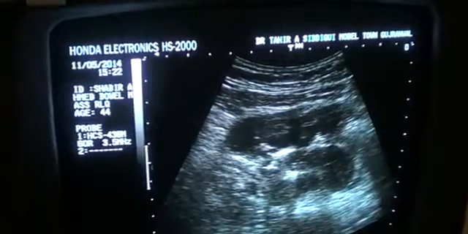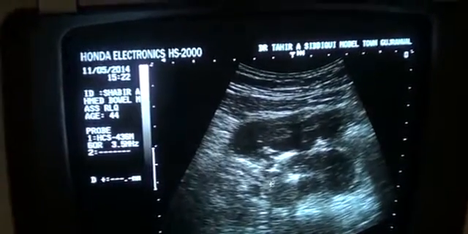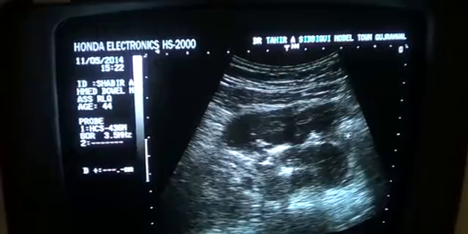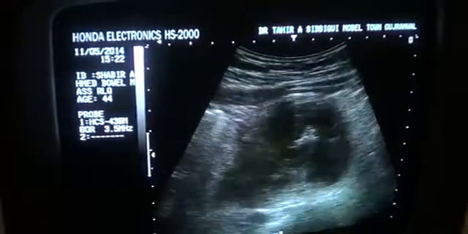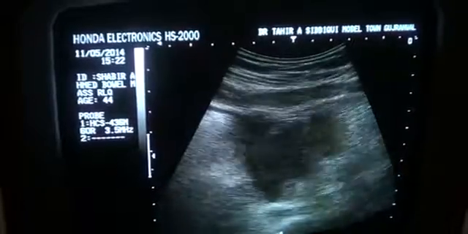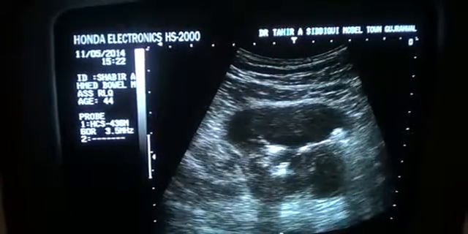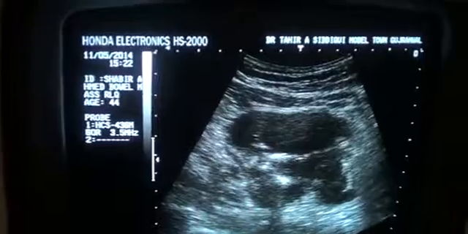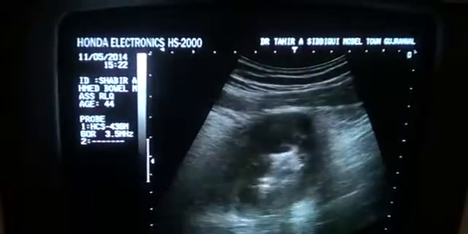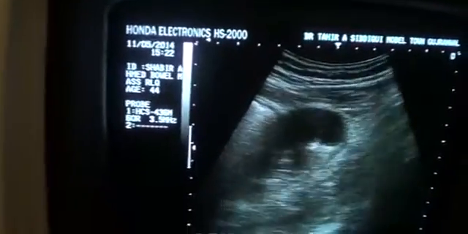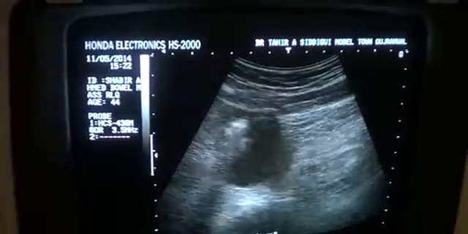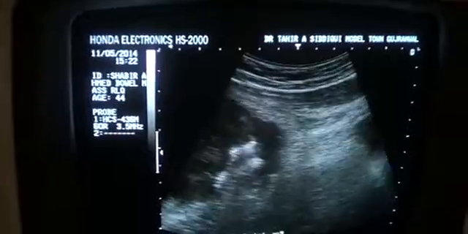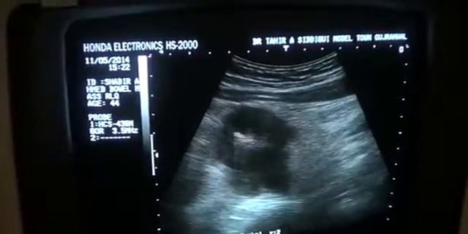Here you see these are the trapped air particles within the lumen of this bowel-related mass. Now there is no peristaltic movement seen in this mass. There is no evidence of any regional adenopathy.